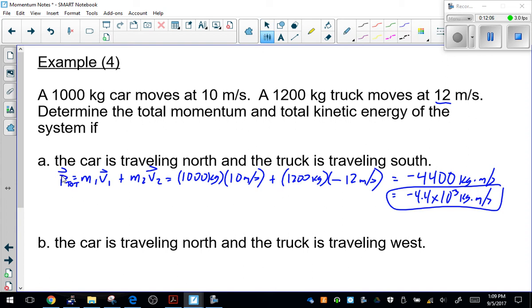Now let's find the total kinetic energy. You guys remember the equation for kinetic energy? Check your data sheet if you don't. You find it in the bottom left-hand section of your data sheet. Kinetic energy is? Right. Now there's two objects here, so we're going to say 1/2 m1 v1 squared plus 1/2 m2 v2 squared.